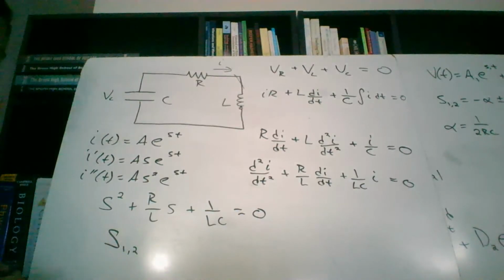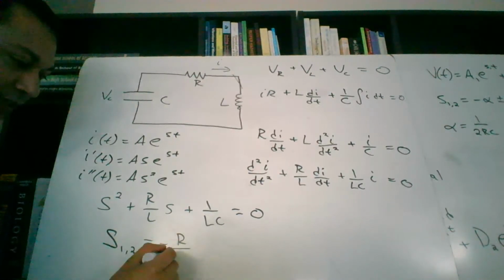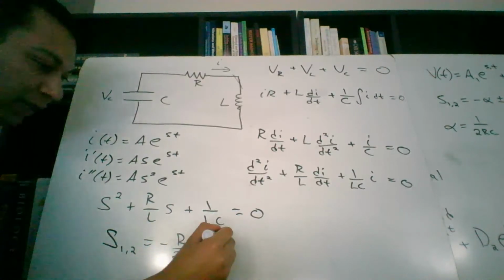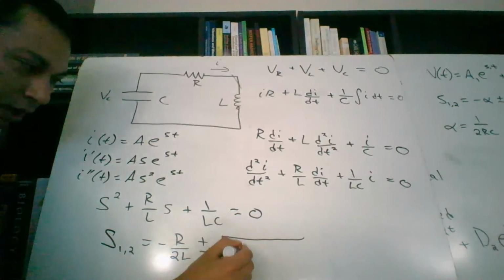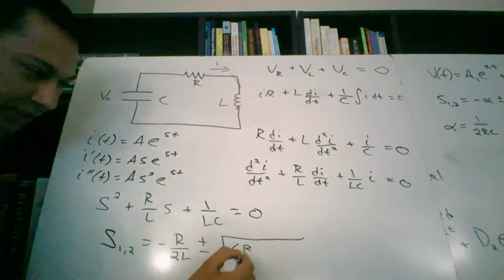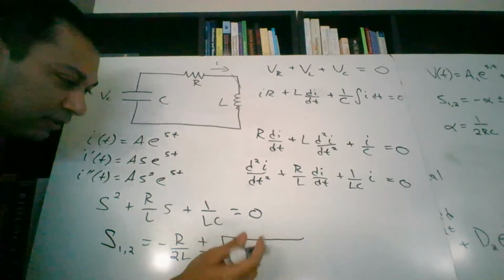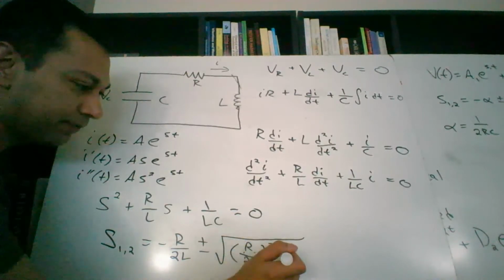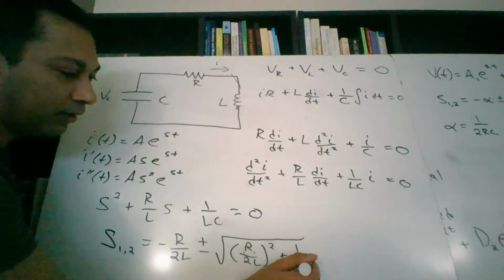So solution 1 and 2 is equal to negative R divided by 2L plus or minus the square root of R divided by 2L squared minus 1 divided by LC.